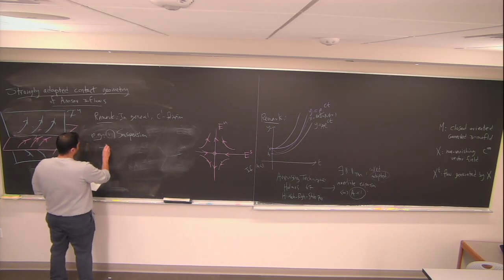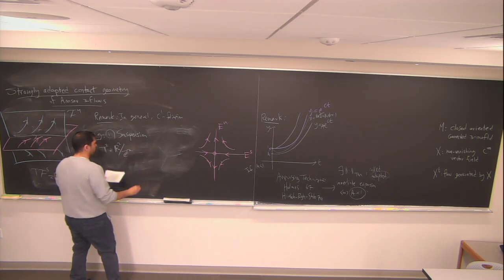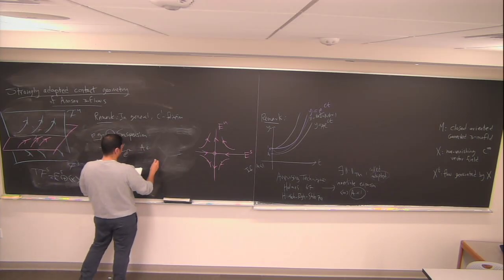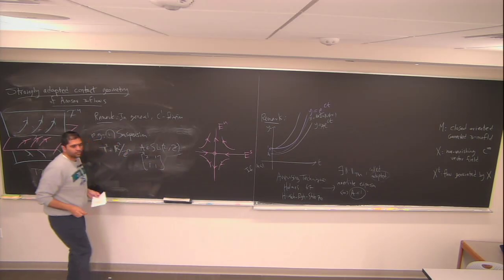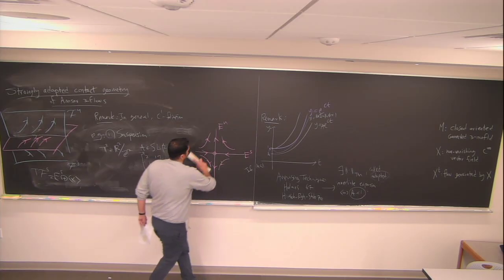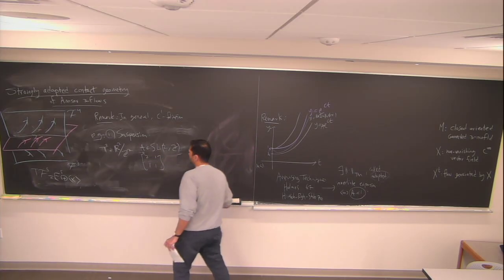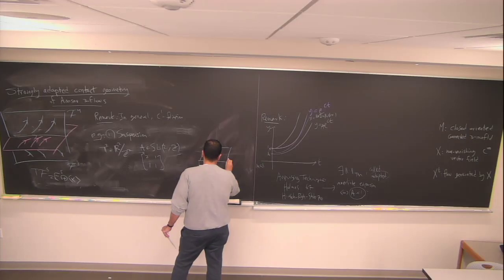If you consider the torus as R2 over Z2, and you take some matrix in SL2Z, a hyperbolic matrix in the sense that you have two real eigenvalues, one bigger than one and the other less than one, then you can use this to define a suspension.